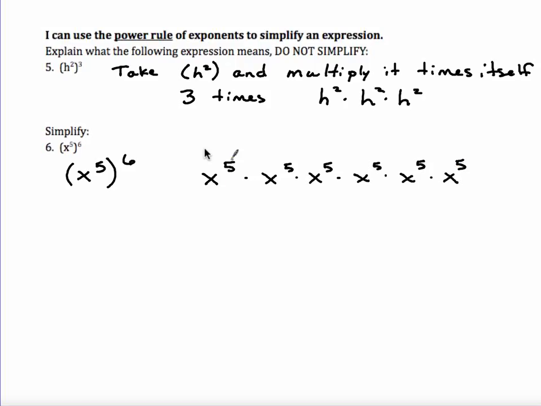And so if I did that, I've got 5 of them here, 5 here, 5 here, and so on. And so I've got 5, 10, 15, 20, 25, 30. And so we see for the power rule that I could have just taken x to the 5 times 6 power, and I would still get my x to the 30th.